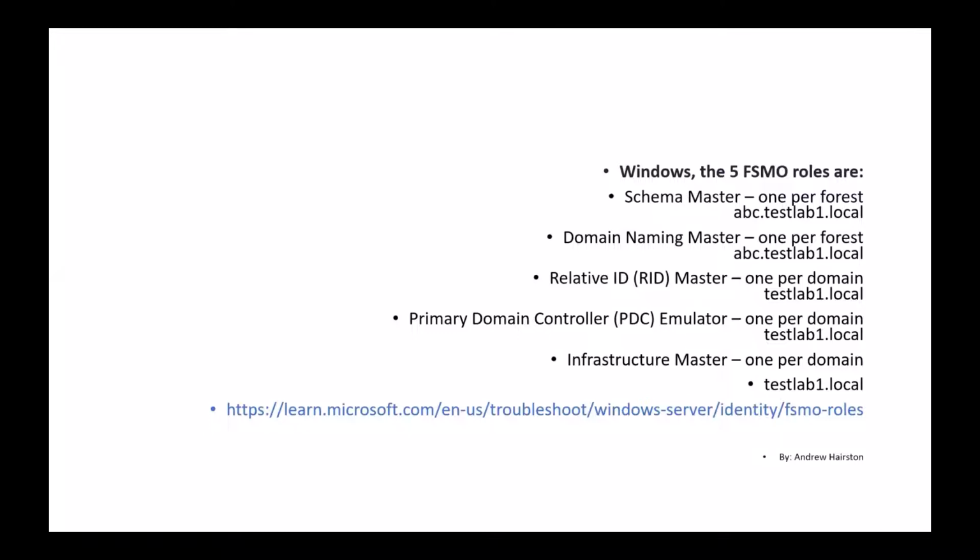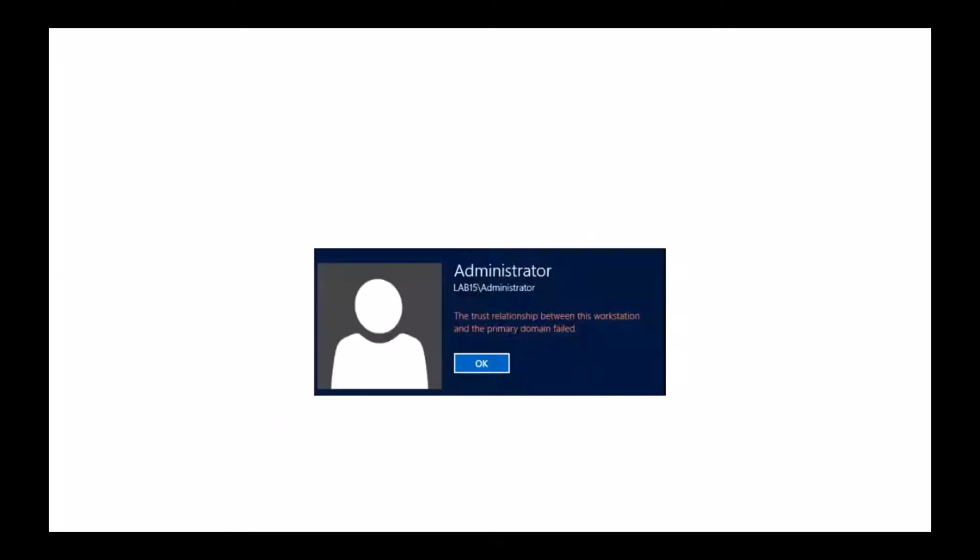And then we have our PDC. This is mainly responsible for the authentication process within Active Directory. So if this is down, you'll actually get a message, and I'll give you an example. This would be an example: a trust relationship between the workstation and the primary domain controller has failed.